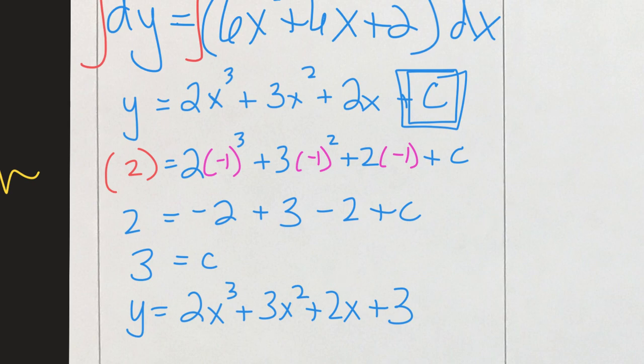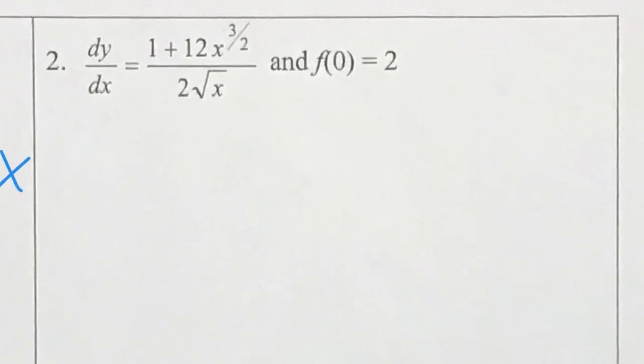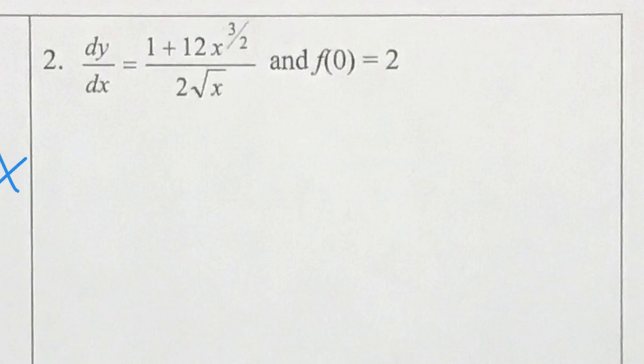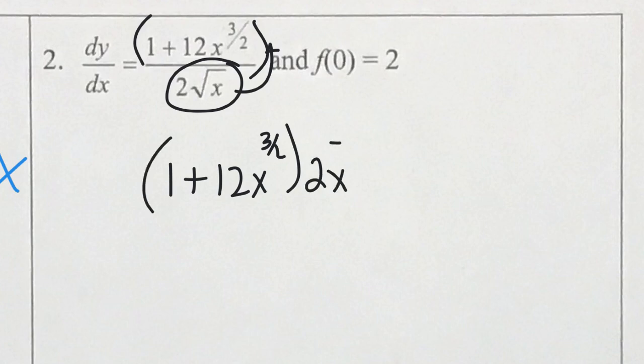So let's check out this next one over here, which looks pretty complicated, but we're going to simplify things simply by moving our 2 root x up to the numerator as a negative power. So we're going to have 1 plus 12 x to the 3/2 times 2x to the -1/2.